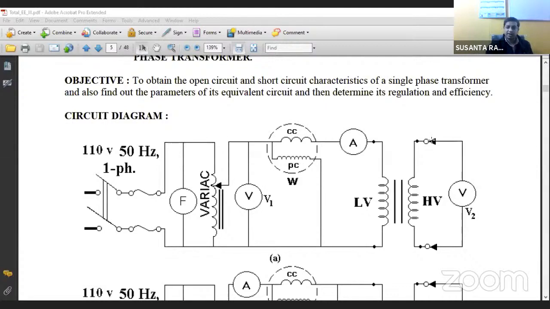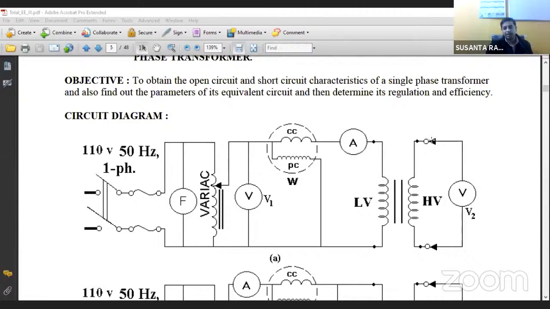So the I naught and the core loss PC, you are getting directly. Now, how will we get the other currents?